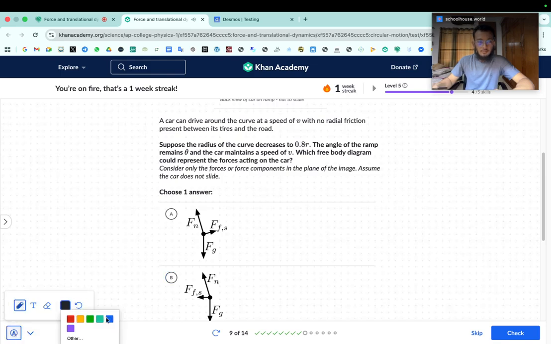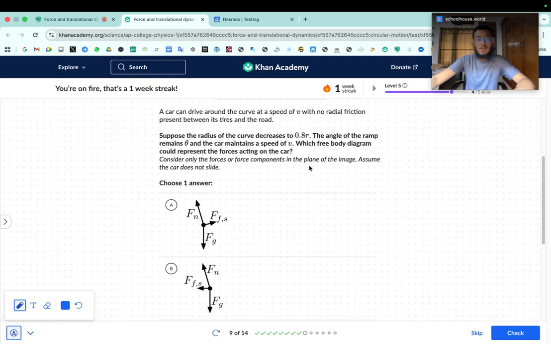Okay, next question. A car can drive around the curve at a speed of v with no radial friction present between its tires and the road.